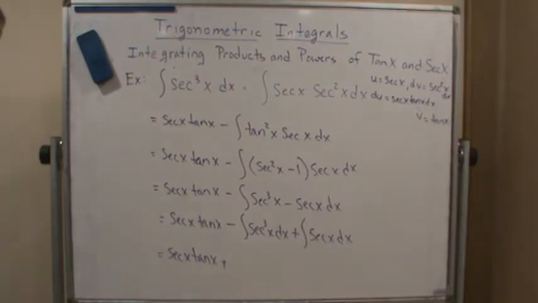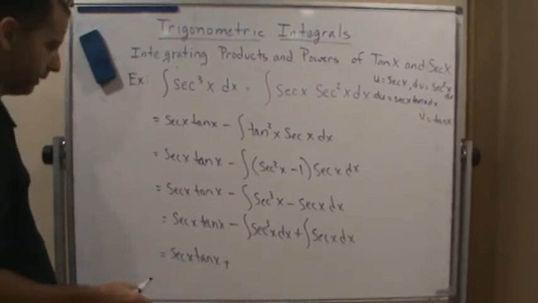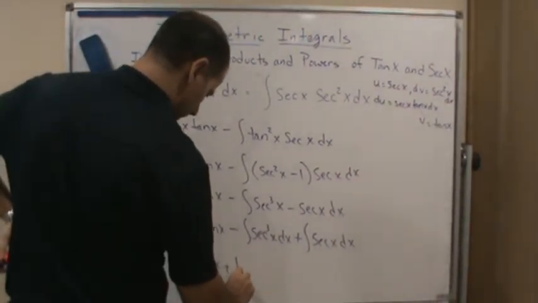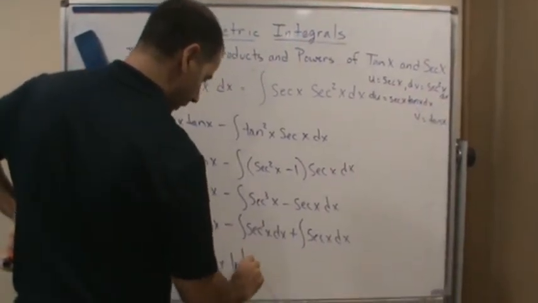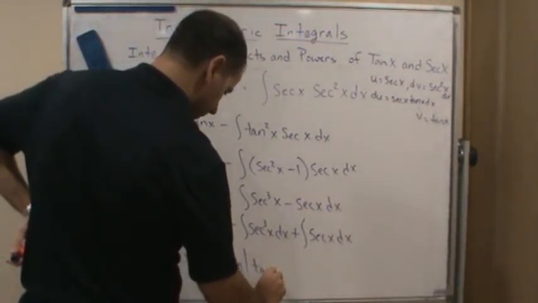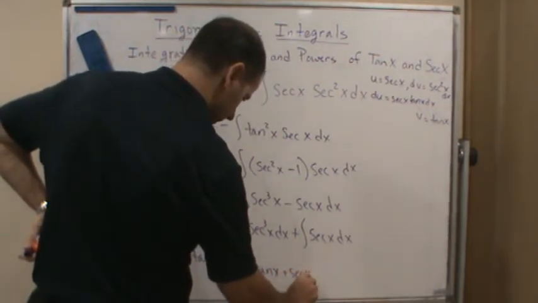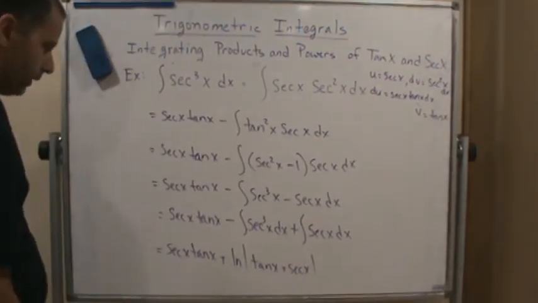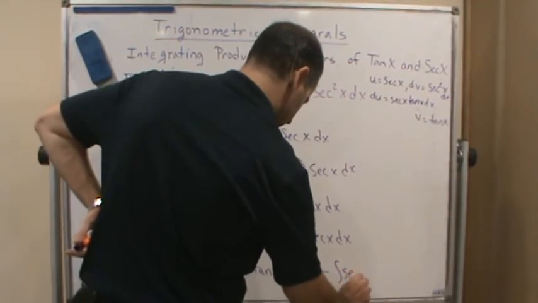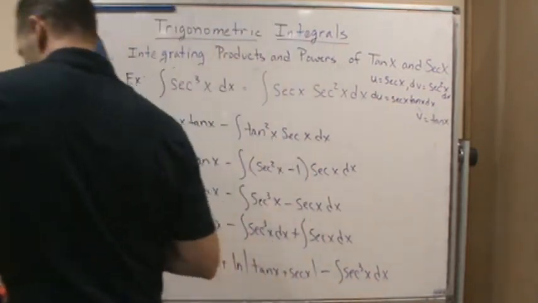Okay? So remember, this is one of those ones that you can derive, but again, I wouldn't want to derive it. This is the one where you're going to get the natural log. So it's going to be the natural log of the absolute value of tangent x plus secant x. Now minus the integral of secant cubed x dx.